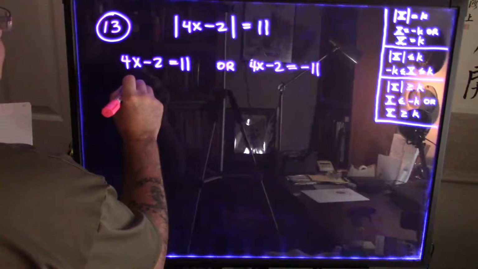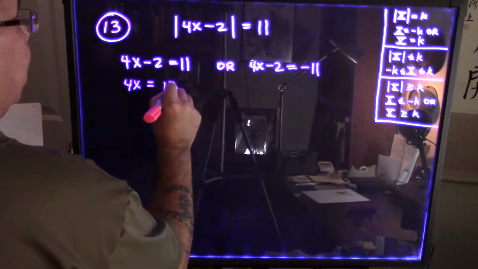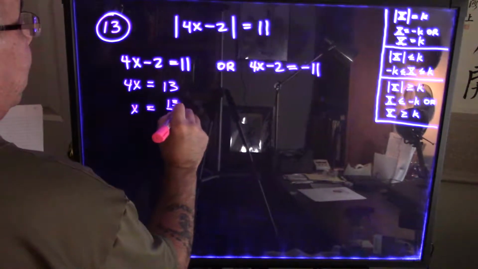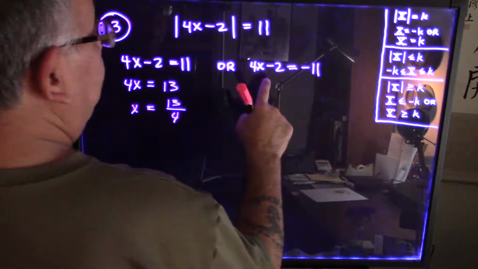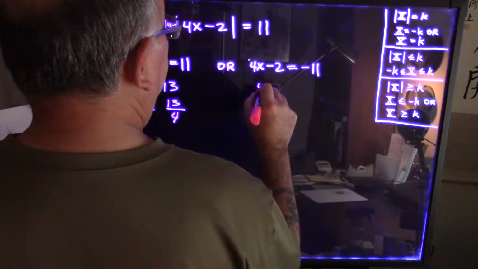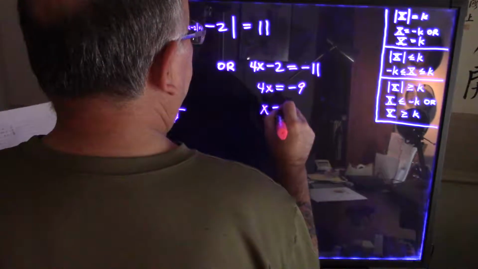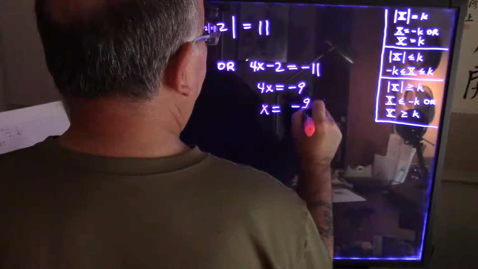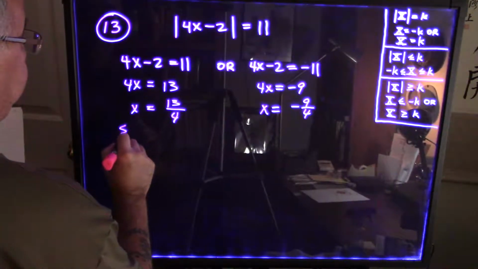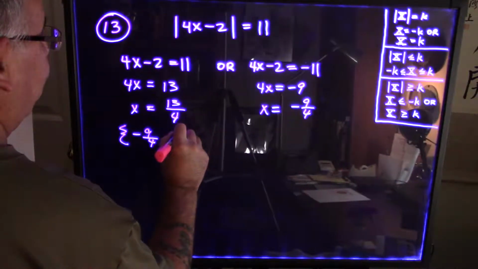You've got 4x equals 13. Divide both sides by 4, you get x equals 13/4. And over here, you add 2 to both sides, you're going to get 4x equals negative 9. Divide both sides by 4, x equals negative 9/4. So the solution set is negative 9/4 and 13/4.